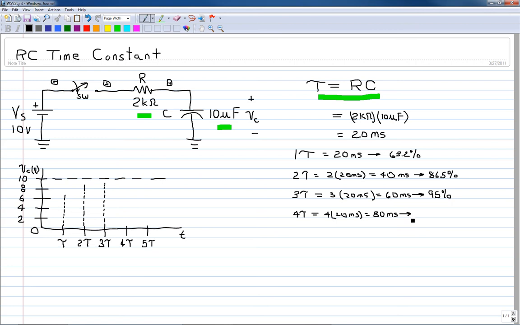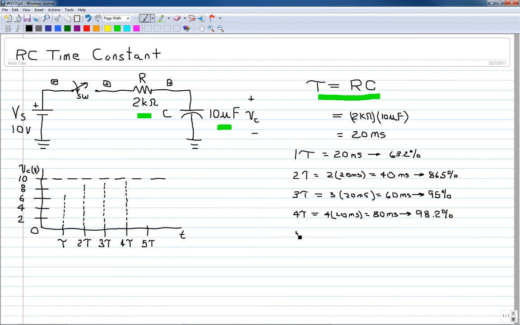The capacitor will charge up to a value of 98.2% of the total applied voltage. So in 4 tau, the capacitor charges up to this value.